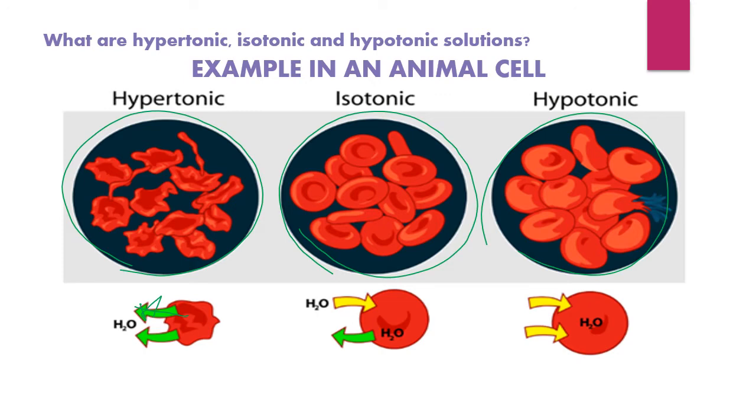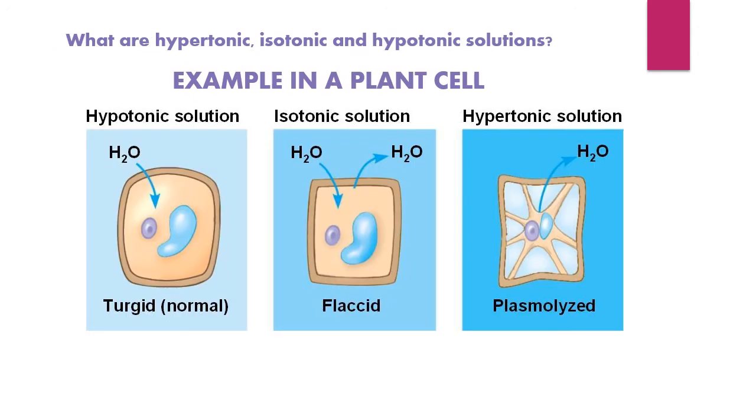Isotonic is like an equilibrium. The rate of water moving outside of the cell equals the rate of water moving into the cell. But hypotonic is only moving from the outside into the inside.